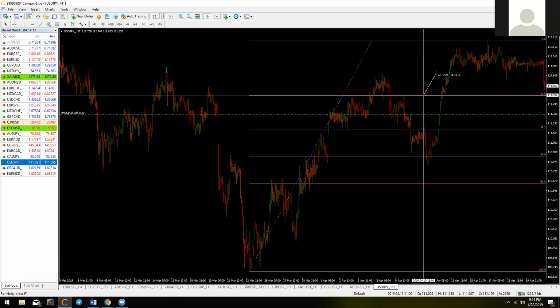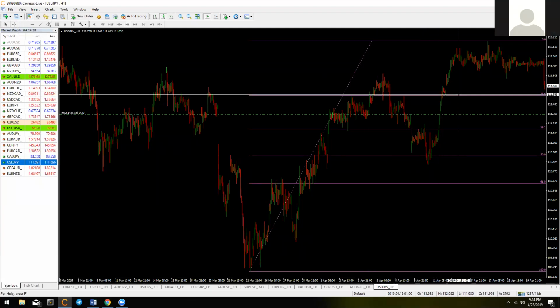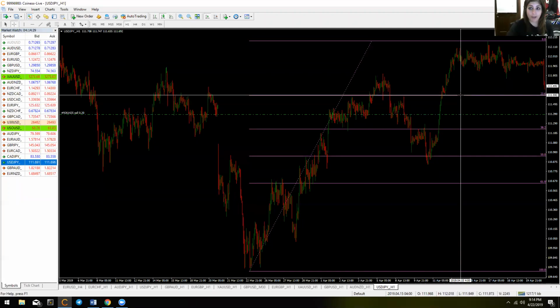But you're getting it from where, right there at the top of the candle? This little star thing, the crosshair, I'm starting at my entry point, and I'm just clicking and dragging up however many pips I want to go, and it'll tell me exactly. Gotcha.